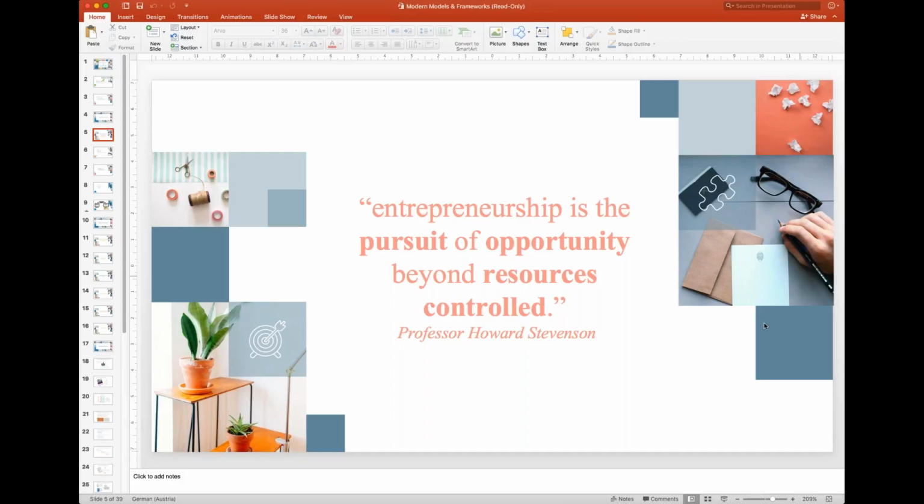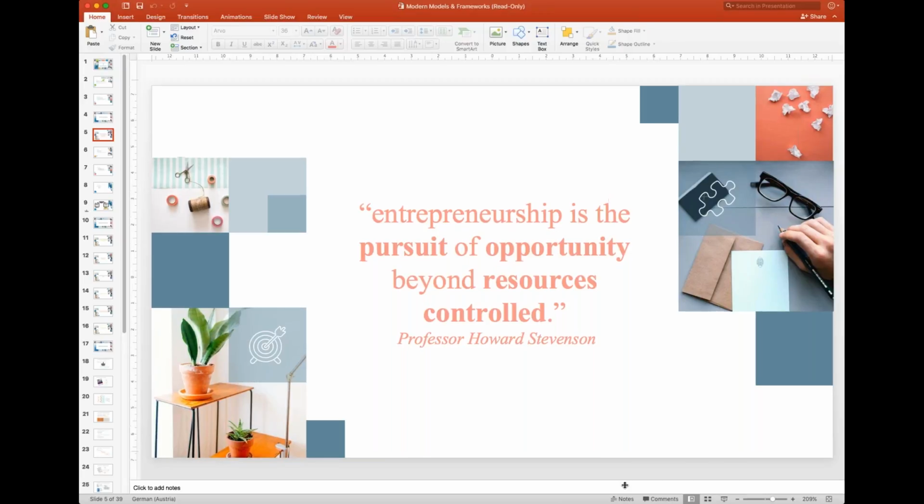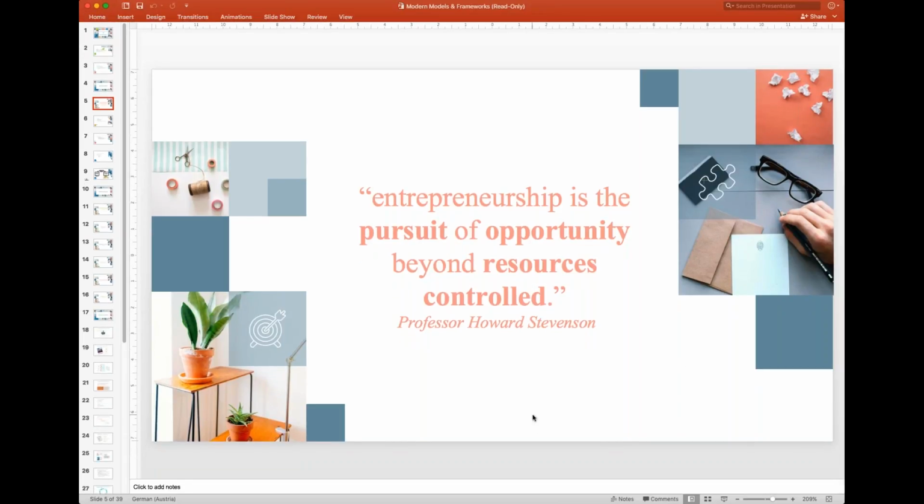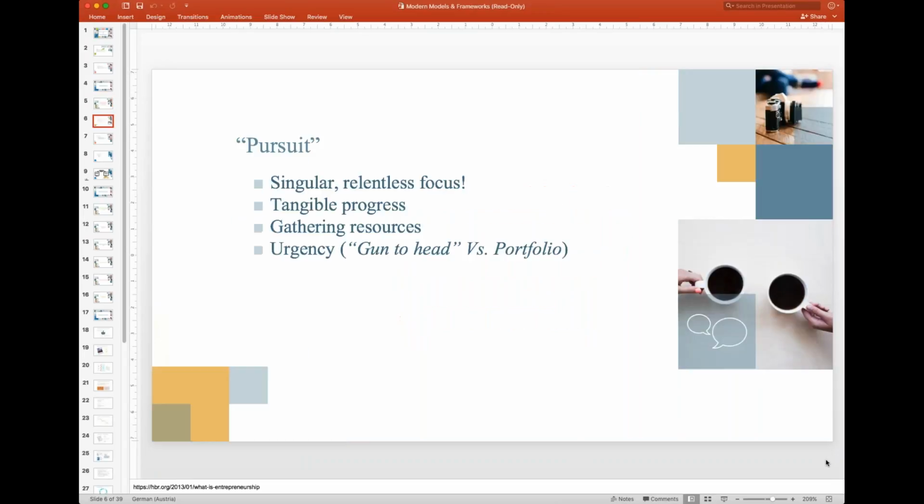But the one definition that has stuck with me for many years is the one by Howard Stevenson from the Harvard Business School, and it emphasizes three things. One, the pursuit. The other one is the opportunity, and it talks about the resources in control today. I would like to elaborate on each of those in the next slides.